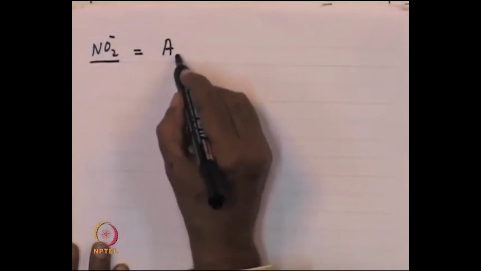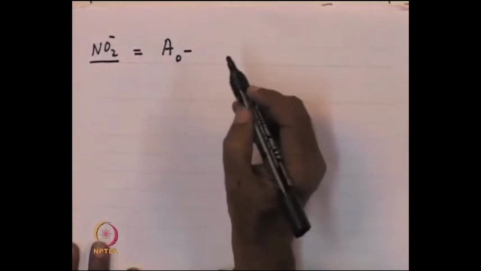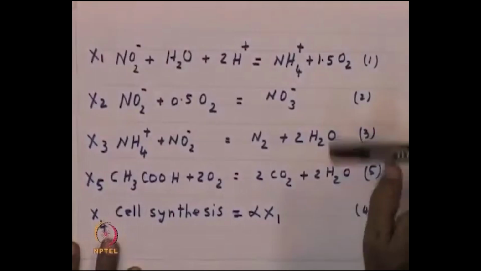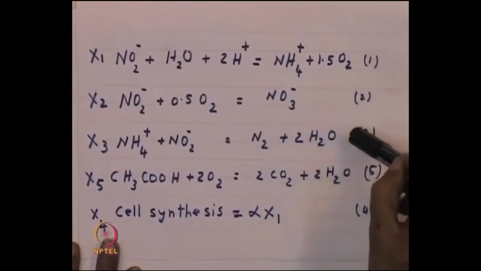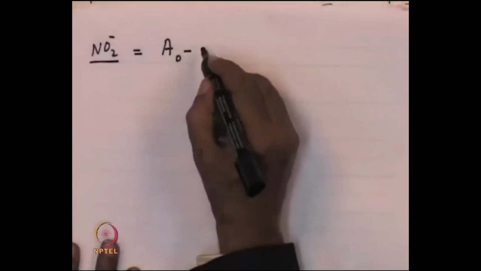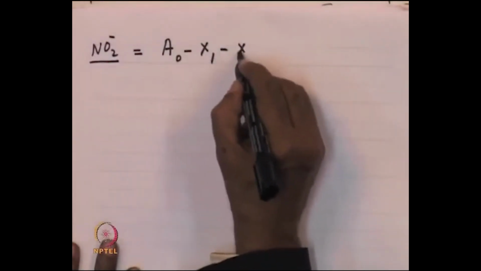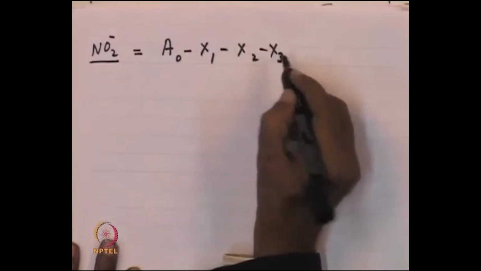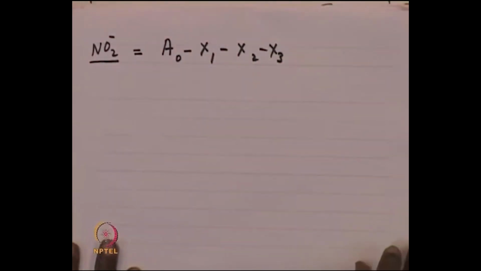Let us say A naught is coming in, and NO2 minus is consumed in reaction 1, reaction 2 and reaction 3. So, it is A naught minus x 1 minus x 2 minus x 3. X 1, x 2 and x 3 have the units of, let us say, milligrams per liter or some appropriate units. Is it all right?